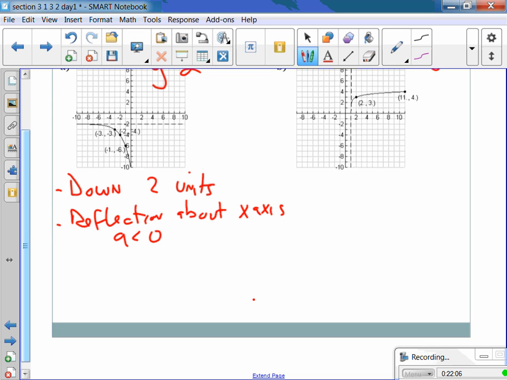We also do have a horizontal shift, but how are we going to determine that horizontal shift? The intercept? Absolutely. So where was our intercept for an exponential? 0, 1. Okay, so it was starting off at 0, 1. We know that we reflected about the x-axis, right? Reflection about the x-axis, we'll now put that point at 0, negative 1, right?